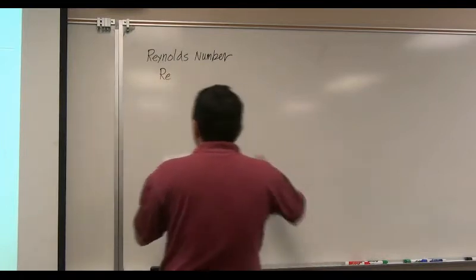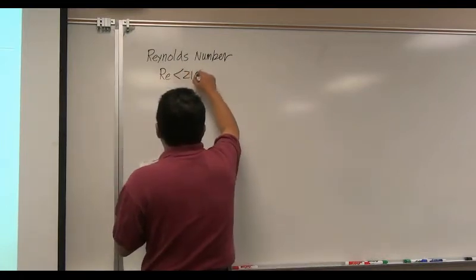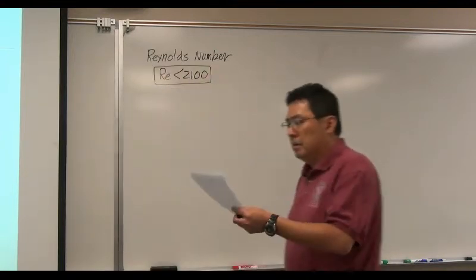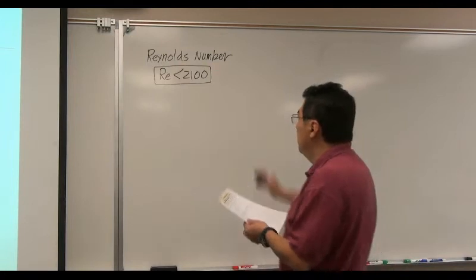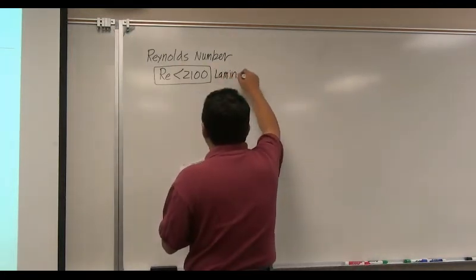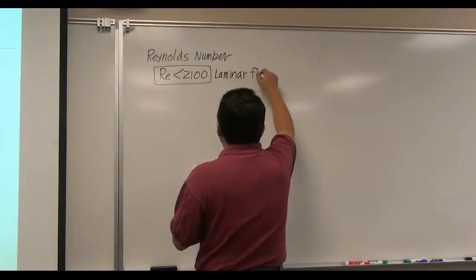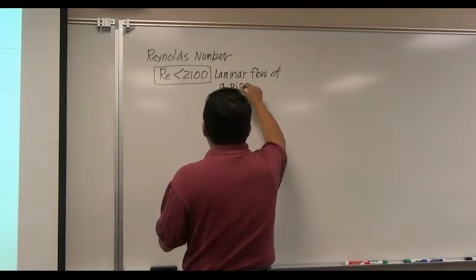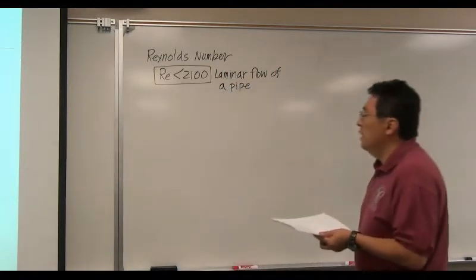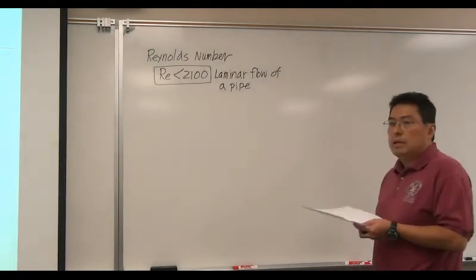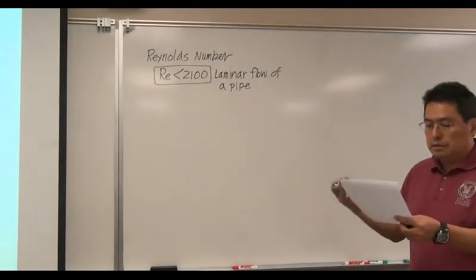If the Reynolds number is less than 2100, very famous Reynolds experiment. Based on that, this guarantees that the laminar flow is in the pipe. Okay? So obviously, if the Reynolds number is lower than this value, you can say the flow is laminar.